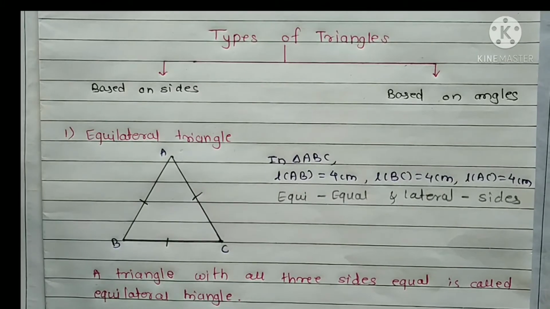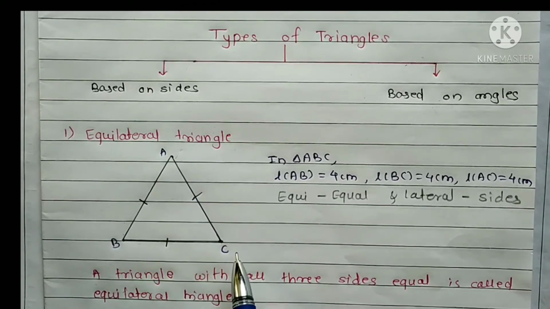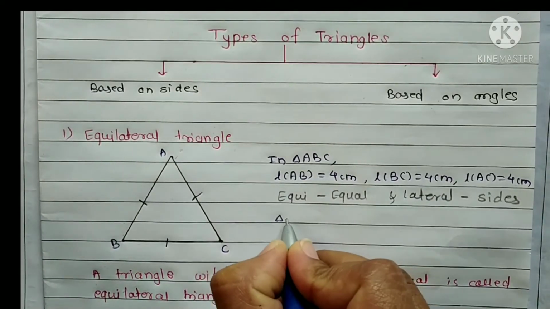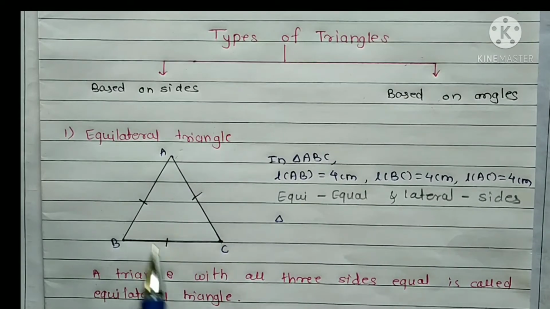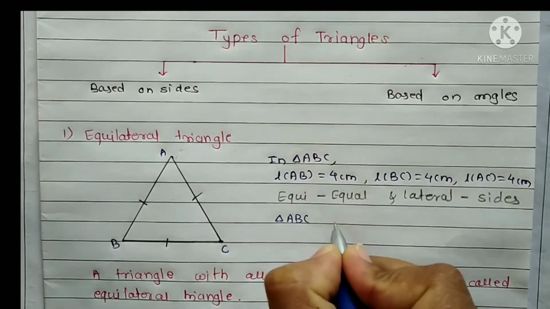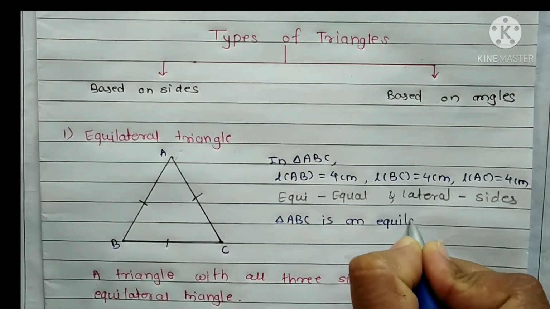So as per the definition we can say that triangle ABC is an equilateral triangle, because here length of each side is 4 cm, therefore we can say that triangle ABC is an equilateral triangle.